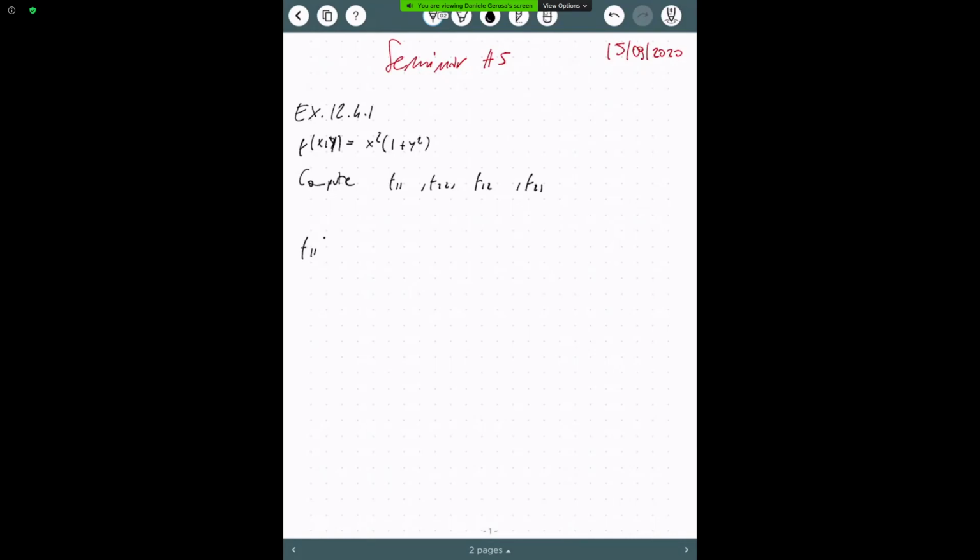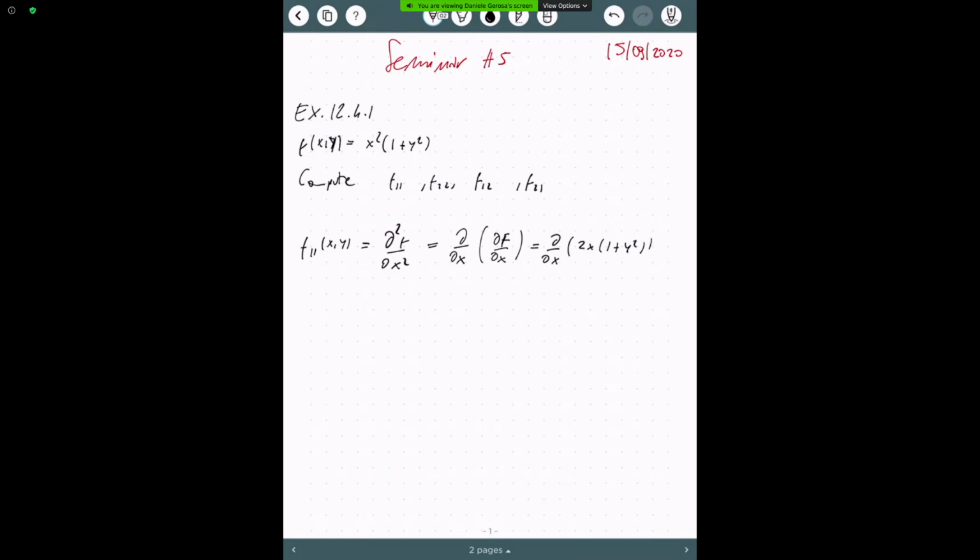So f11 of x, y, which is nothing but the second order partial derivative with respect to x, is going to be equal to the partial derivative with respect to x of the partial derivative with respect to x of f. So this is equal to the partial derivative with respect to x of 2 times x.